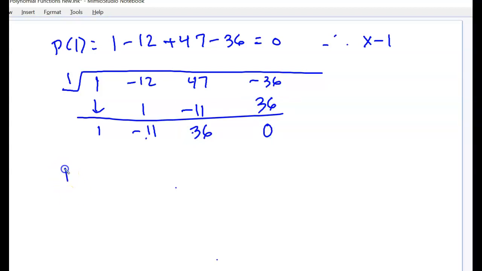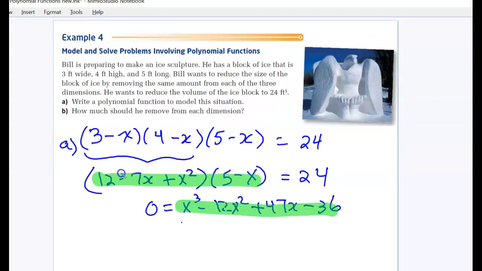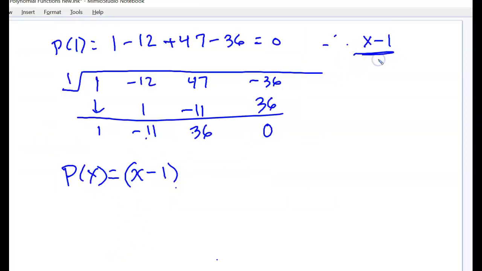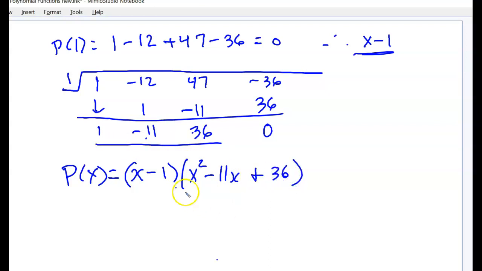So therefore, my polynomial p of x is going to be my first factor, which was x minus 1. That's the one we found here. And then this guy is going to be 1 degree less, so it's going to be x squared minus 11x plus 36. Okay, and this is prime, so the only solution is going to be here when x is 1.